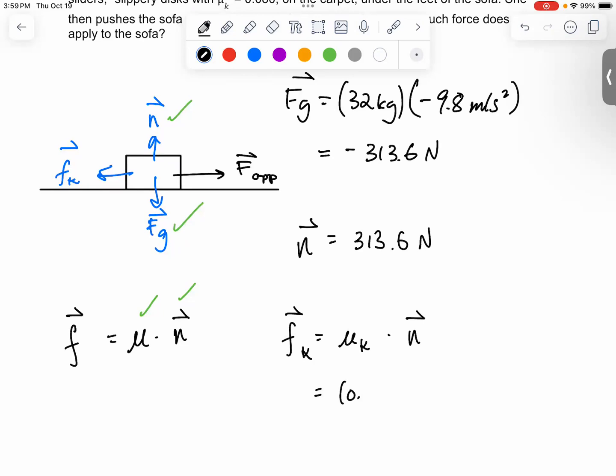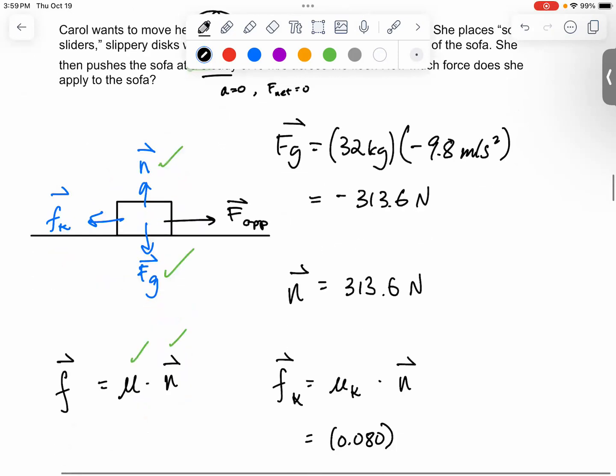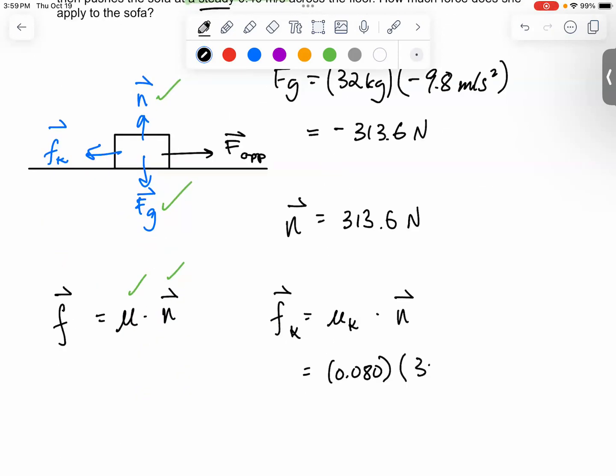My mu k is 0.08 and my normal force is 313.6 newtons. Since the friction goes in the opposite direction of the motion, we're going to tag a negative on the force. So we'll go ahead and calculate it, and we should get negative 25.1 newtons.